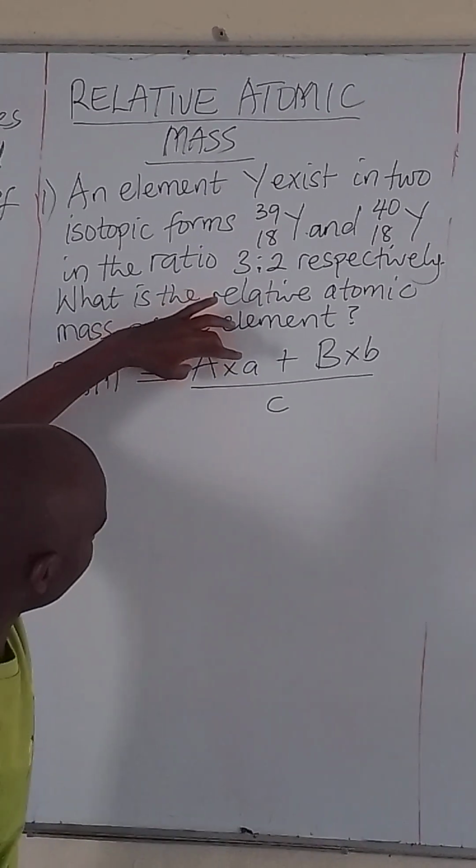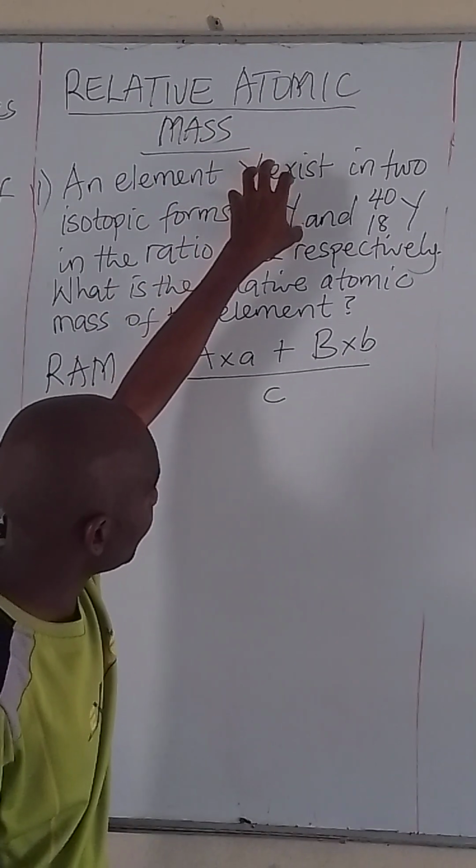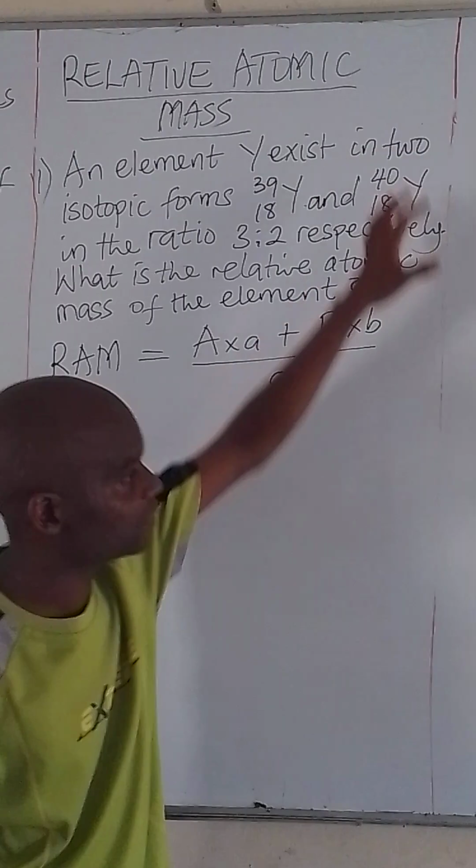Okay, so capital A is for the first isotope of the element, and B is for the second isotope of the element.